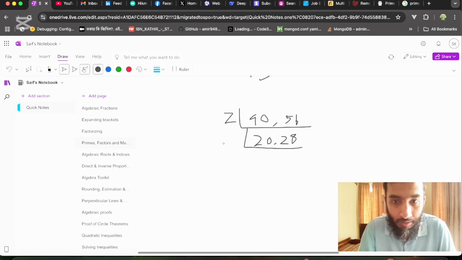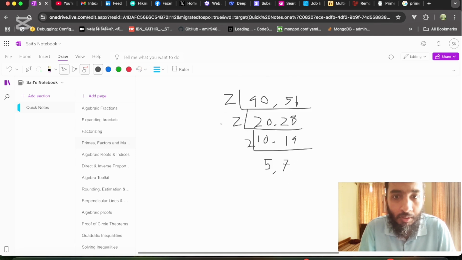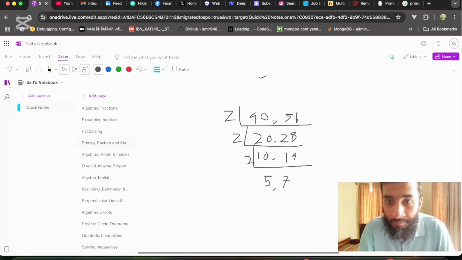If I divide both by 2 again, I get 10 and 14. Then I divide by 2 again, I get 5 and 7.